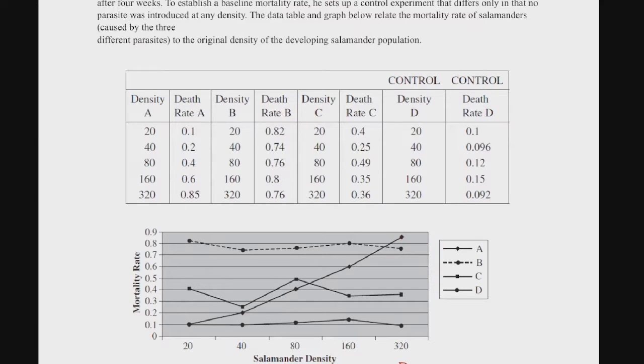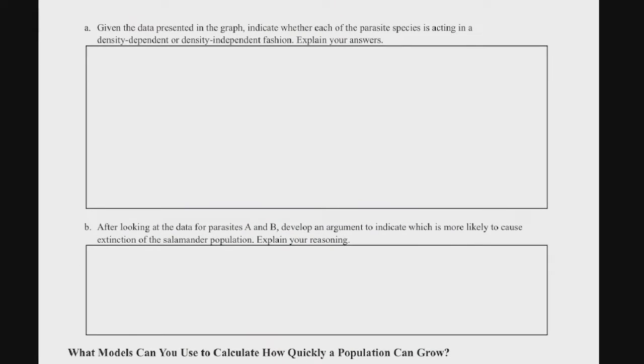I'm going to erase that, but we can just write that down as parasite A is density dependent. So increased mortality rates with increased density.